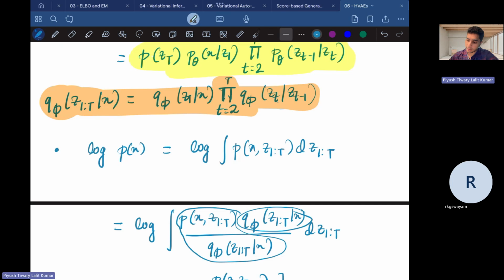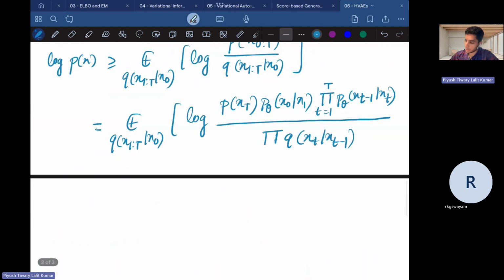You have z1 given x, which is nothing but x1 given x naught. I'm just clubbing all of these things inside. This product should go from t equal to 2. So this is how it will look.